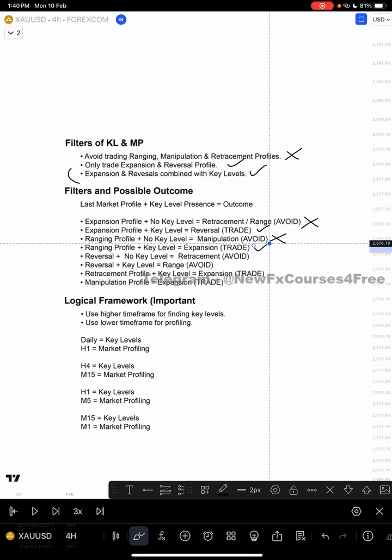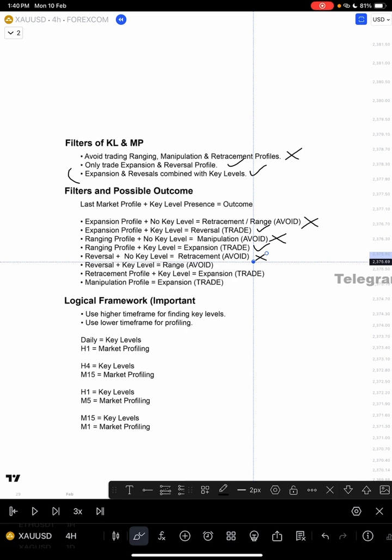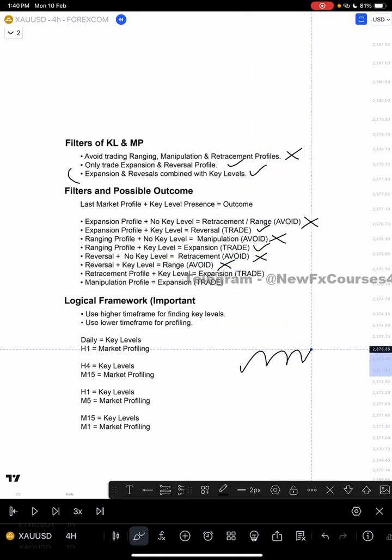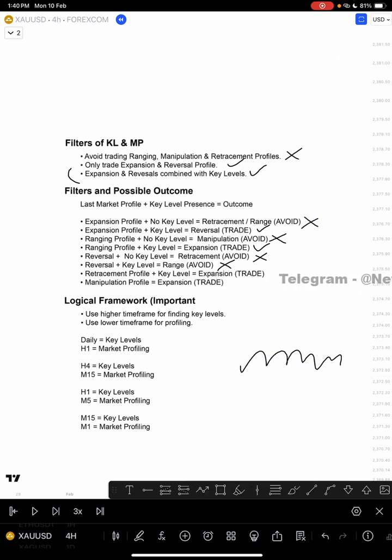Reversal plus no key level equals retracement. Avoid. Reversal plus key level equals range. Avoid, or you're going to get stopped out a lot. You can't be trading in this kind of market condition. You're going to lose all your money.